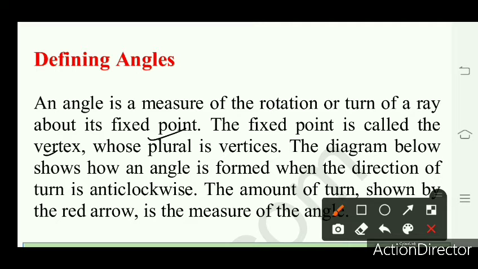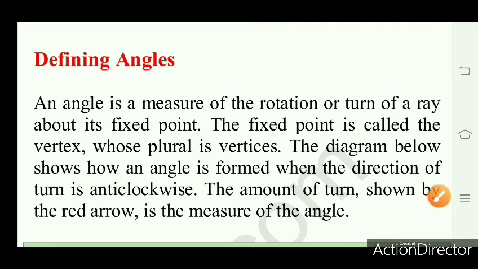If there is only one fixed point, it is known as a vertex, and if the figure has more than one, we say these are the vertices. The diagram below shows how an angle is formed when the direction of turn is clockwise, and the amount of turn shown by the red arrow is the measure of the angle.